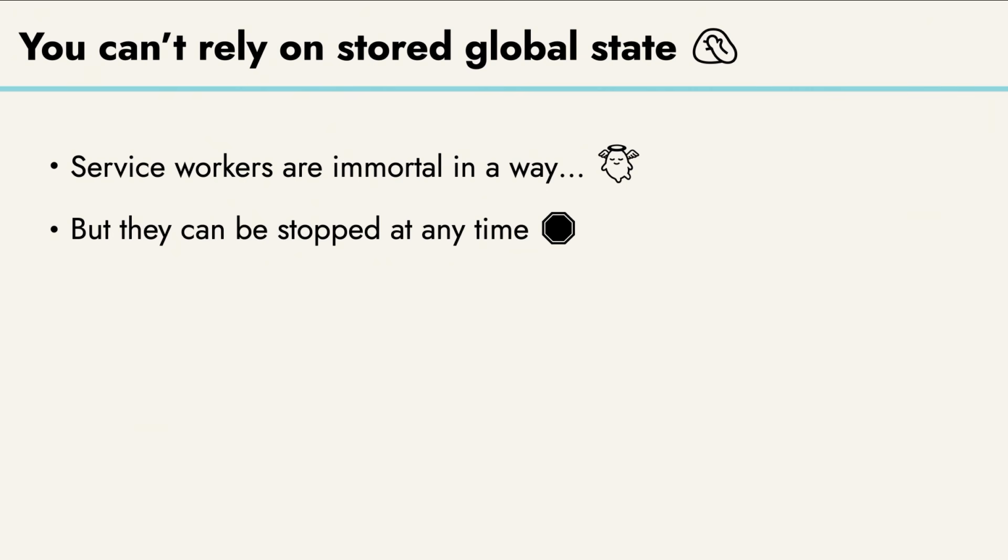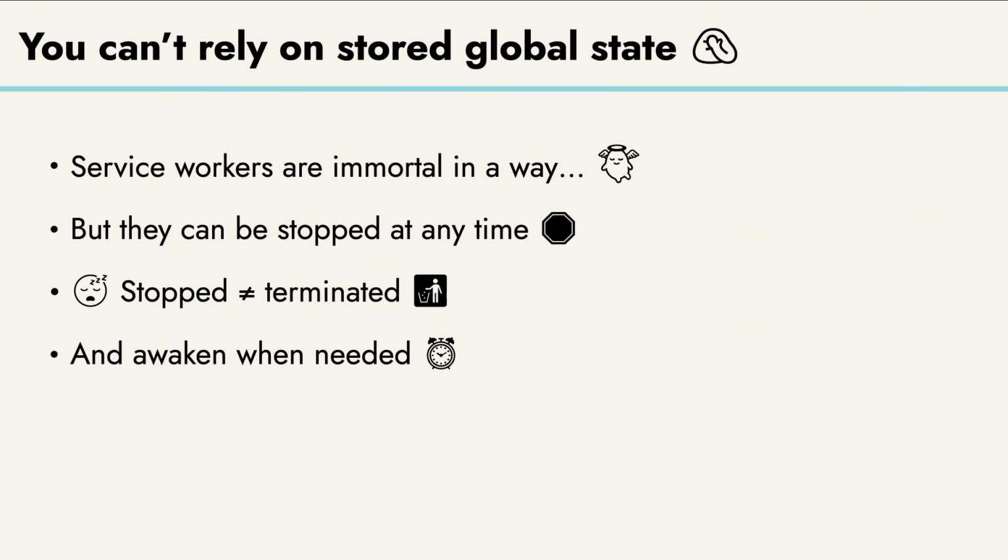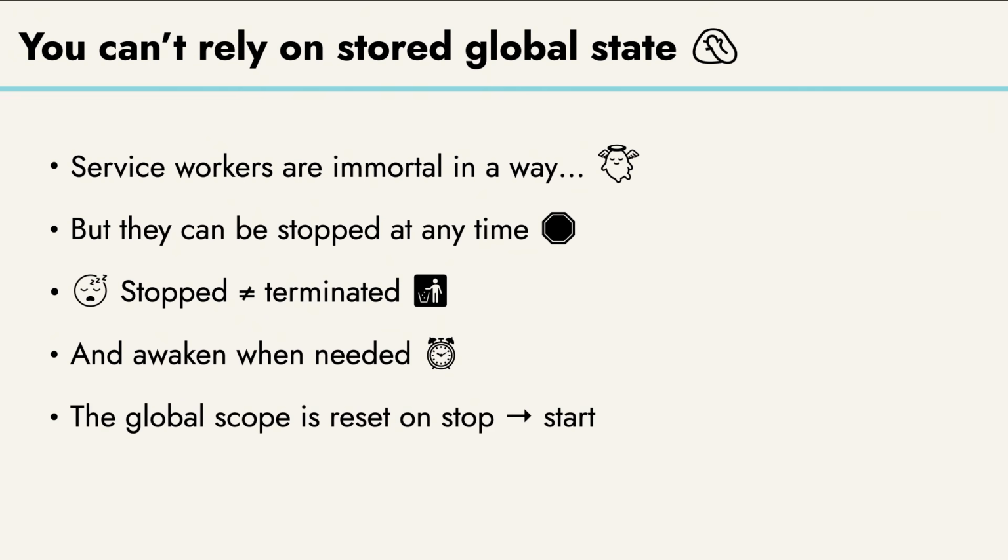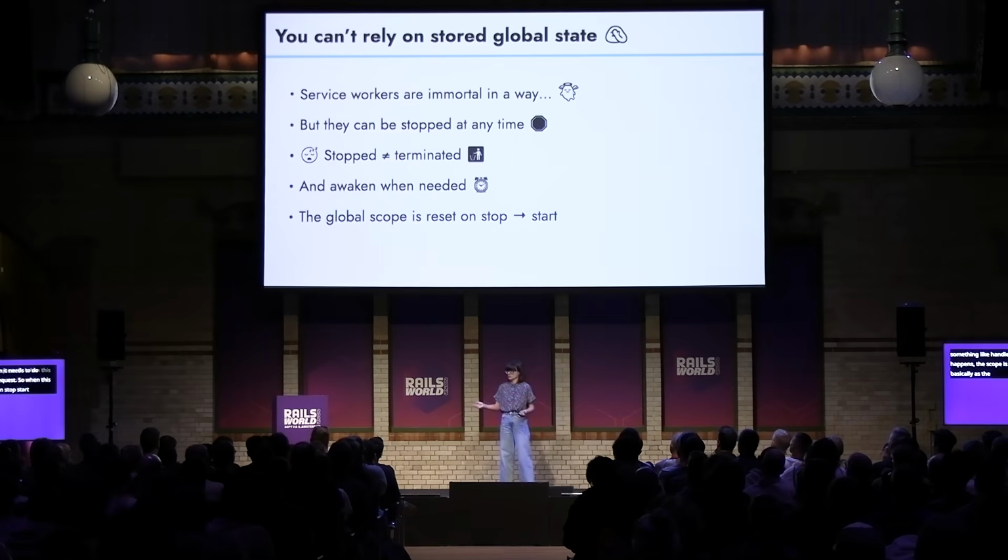The browser doesn't want to waste any resources on a service worker that is not doing anything, just sitting there. When it gets stopped, it doesn't mean terminated, it means it's put to sleep, and then it's awakened when it needs to do something, like handle a request. When this happens, the scope is reset on stop and start. It's basically as if the script is executed again, so you don't have anything in any variable.